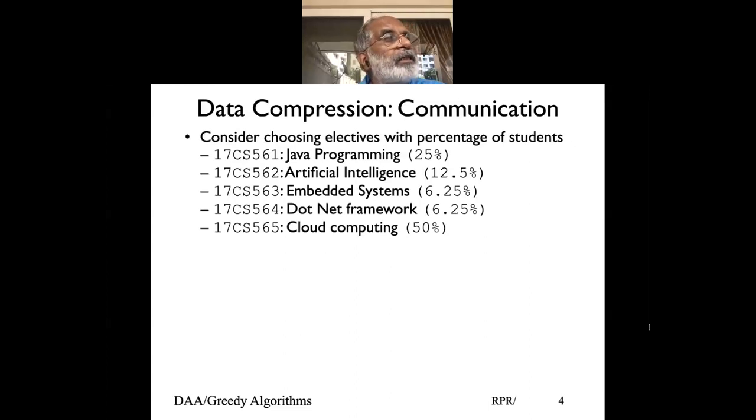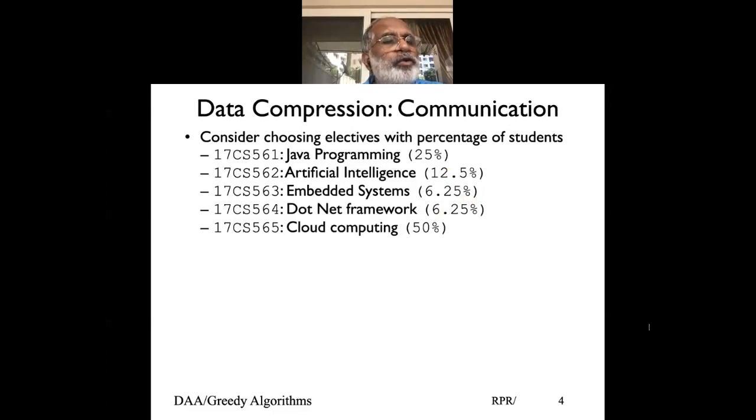Past experience shows that 50% of people, let's say, take cloud computing, 25% take Java programming, AI is taken by 12.5%, and embedded systems and .NET by a very low number of people.